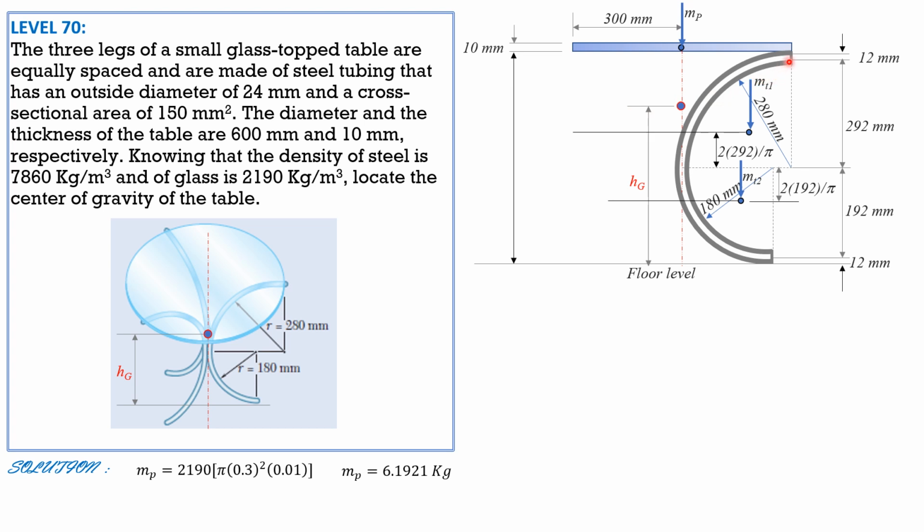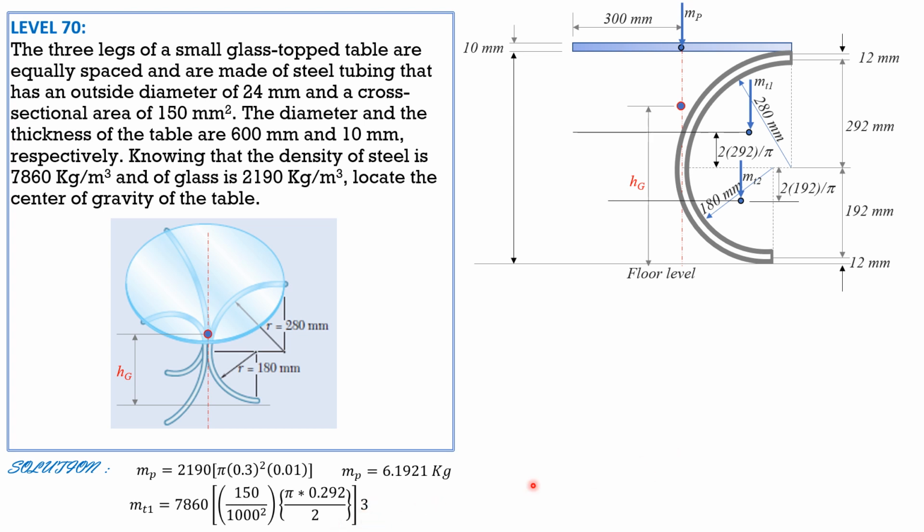Then the length of the path is pi r over 2, pi times 0.292 meter over 2. Remember, 292 is 280 plus 12, so that it would be from the center really. Then times 3 because there are three identical legs.